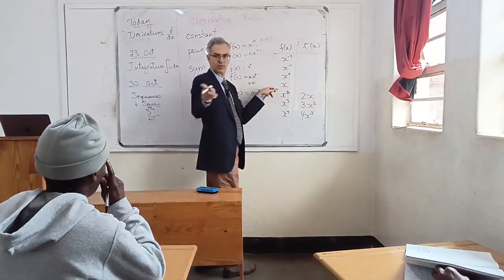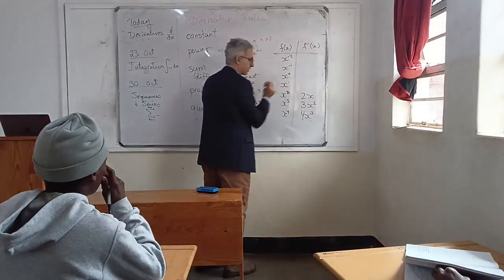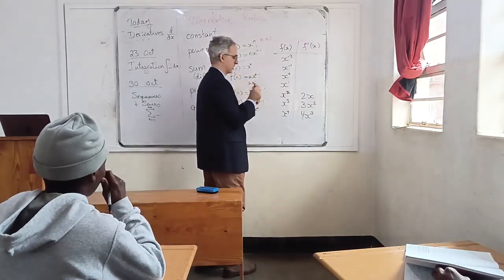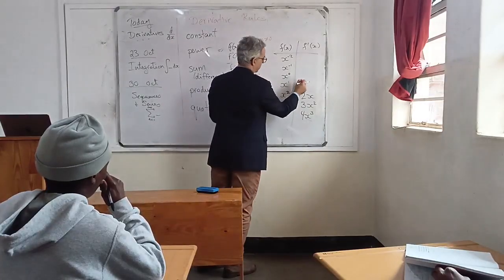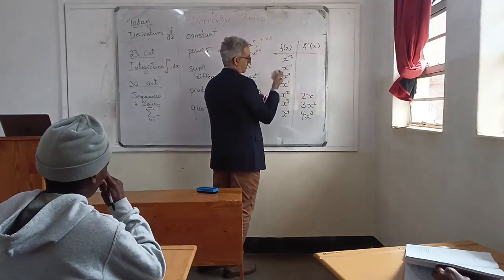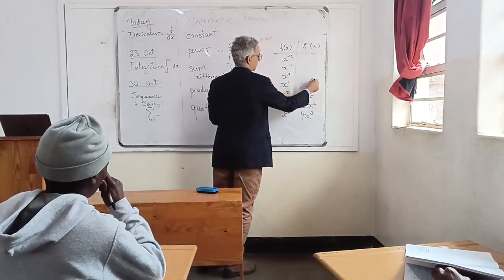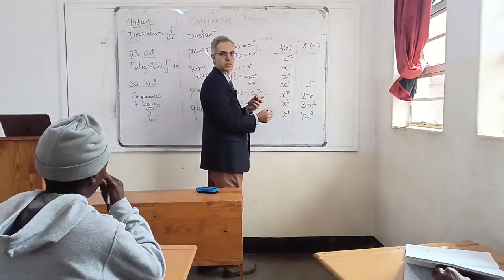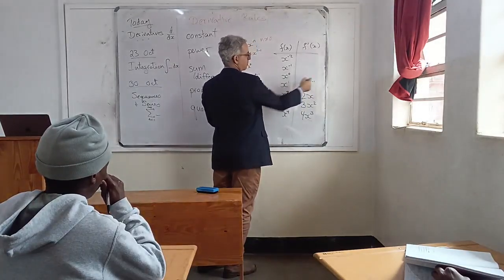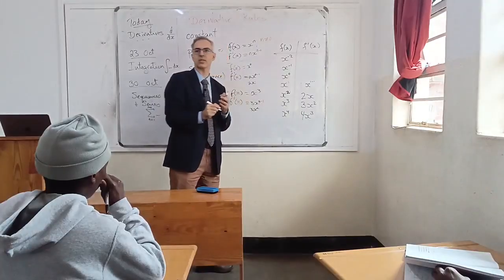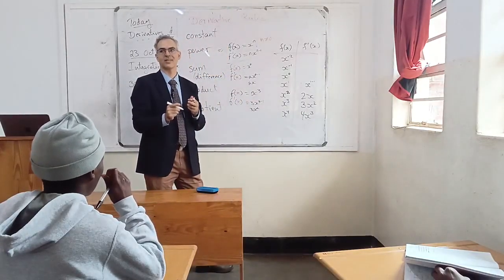So we have to remember, like you said, this is x to the 1, right? Okay. So 1 times, so we're going to delete it because 1 times doesn't mean much. And then x to the power 1 minus 1, which is 0. Okay. So we have 1 times x to the power 0, which is what? x to the power 0 is 1.